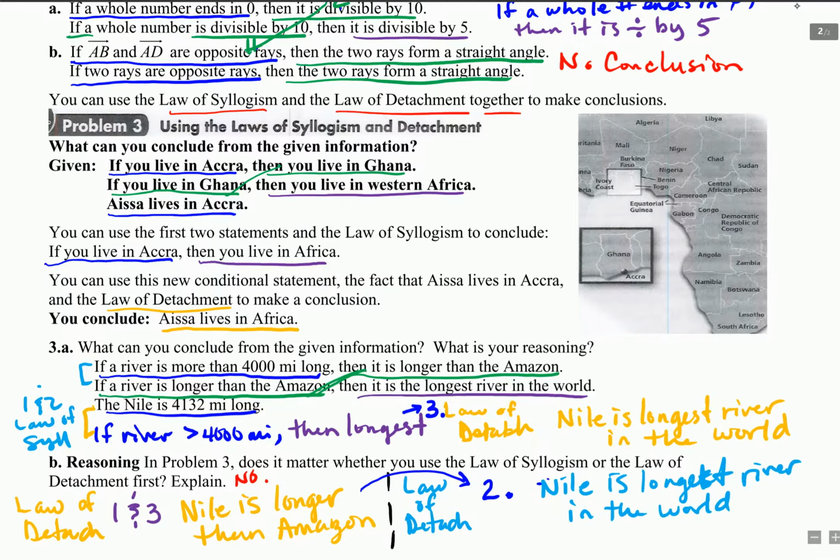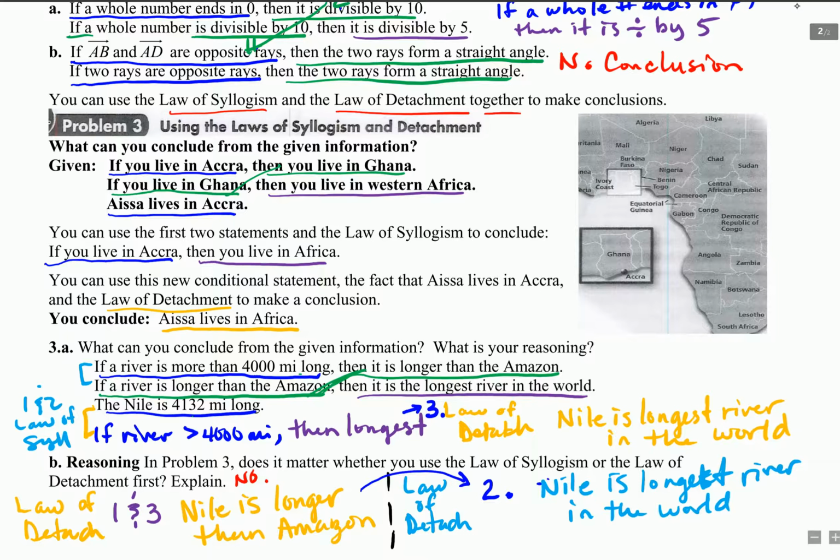So what we did first was we took statement 1 and 2 and we used the law of syllogism, and we said if a river is more than 4,000 miles long, then it is the longest river in the world. And then we matched up our new statement with our third statement here, which the requirement is a river that is more than 4,000 miles long, and we are told that the Nile is 4,132 miles long.